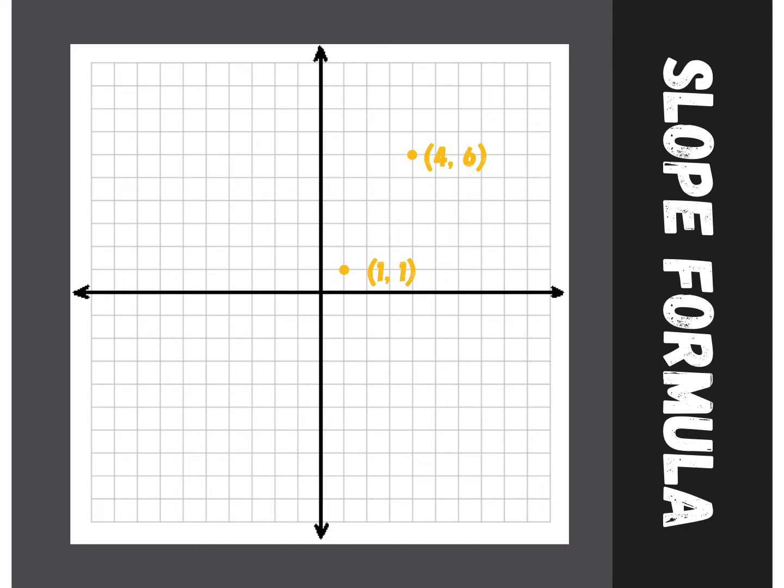All right, so there is a slope formula, but it's important to understand where the slope formula comes from, what it means. So I wanted to take a look at 2 points on a graph. So before we take away the graph, before we talk about a formula, what are we finding when we're finding slope? So let's imagine there was a line through these 2 points and we're trying to find the slope of this line.